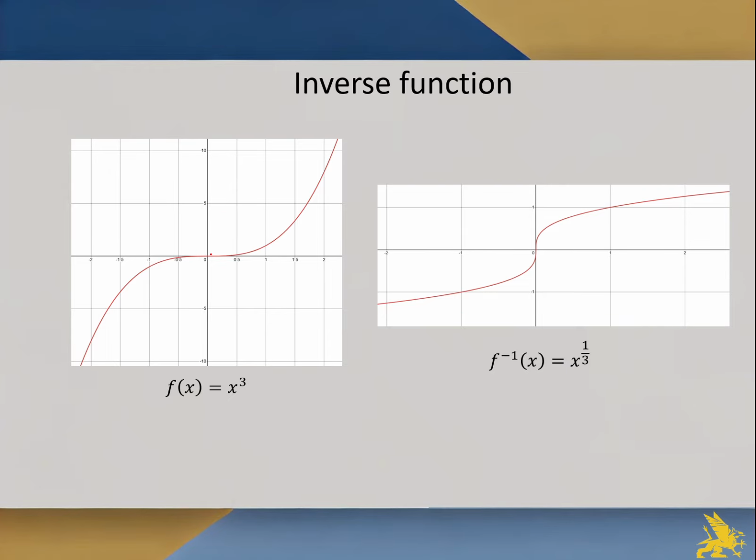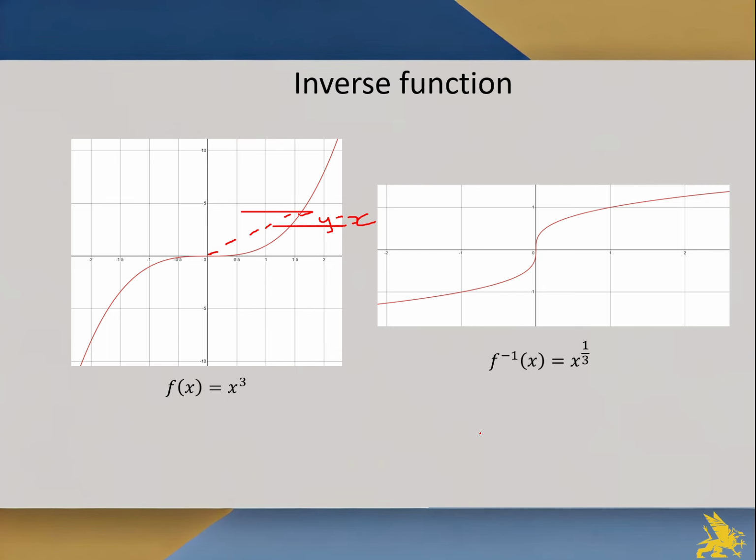If we do an imaginary line, and this line is not accurate, apologies, it is a line at y equals x. So we can see that if we do a line there, this is showing you that relationship of that mirror.